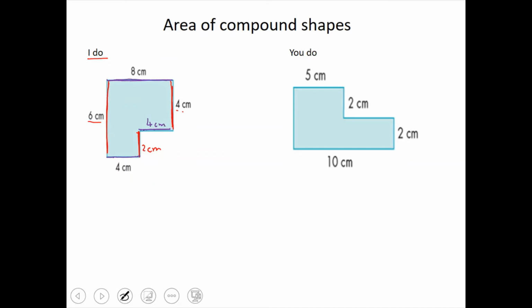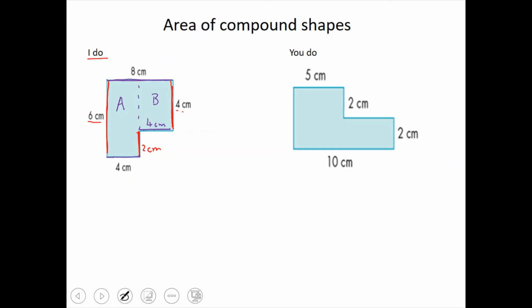Now what I can do is work out the area. I can split the shape up into two different shapes. And what I'm going to do is label this shape A and label that shape B. So I've got two different shapes now, and I know they're both rectangles.